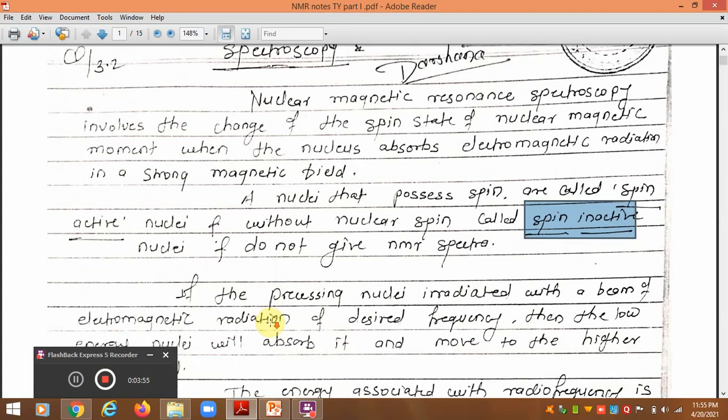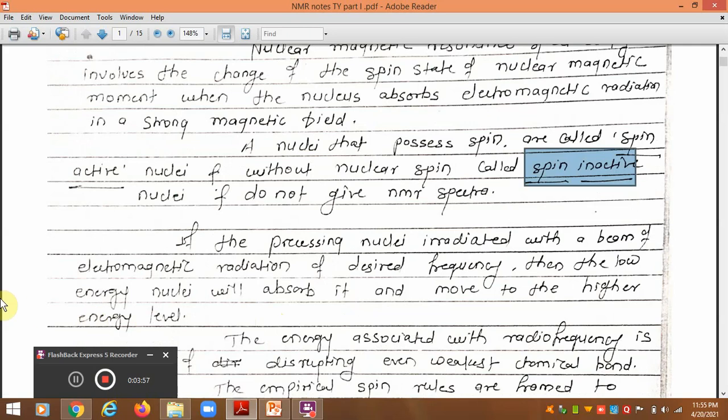So for NMR spectra the nucleus must have spin, otherwise it will not show it. This is one of the important basic things regarding NMR spectroscopy. Which nuclei will show NMR spectroscopy? Those nuclei which have spin can show NMR spectroscopy, others do not.